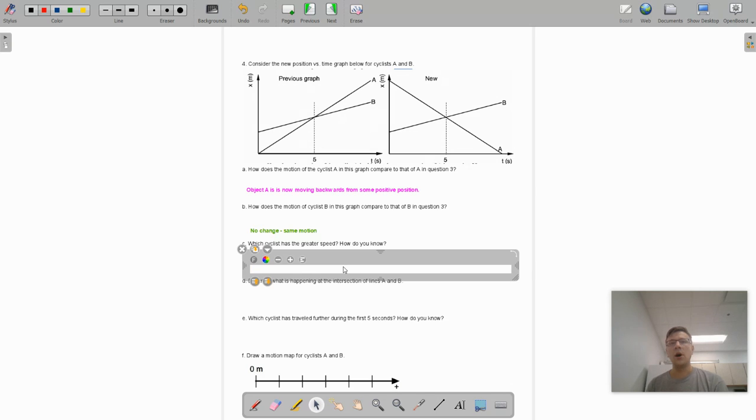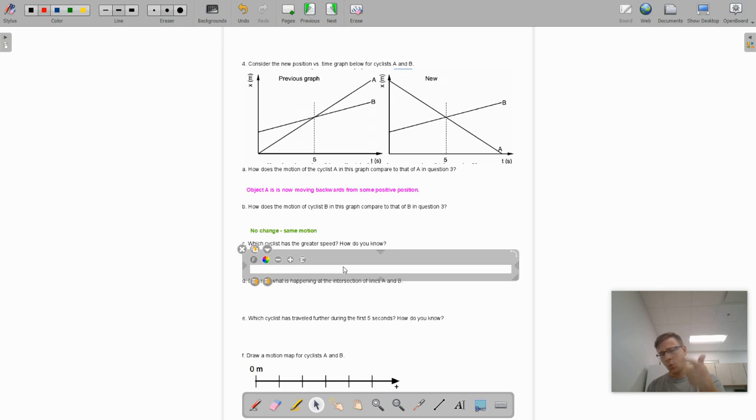So if I'm walking forwards and then somebody else is walking toward me, we can have the same speed. We can both be walking at 5 meters per second, just in opposite directions, right? So what would be different would be our velocities. Our velocities would be different because velocity includes direction, and we're clearly moving in opposite directions. But we have the same speed.